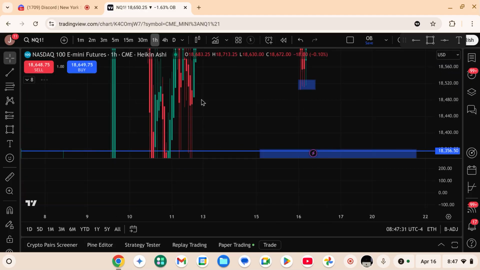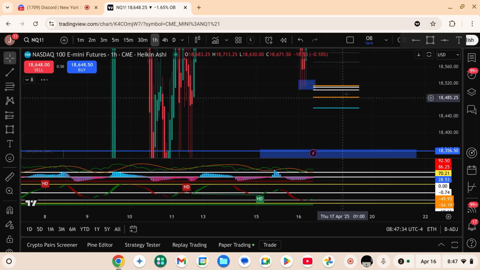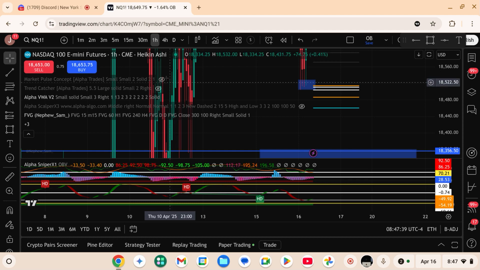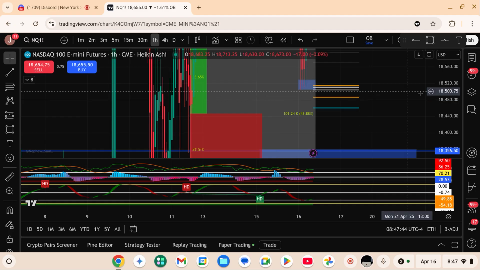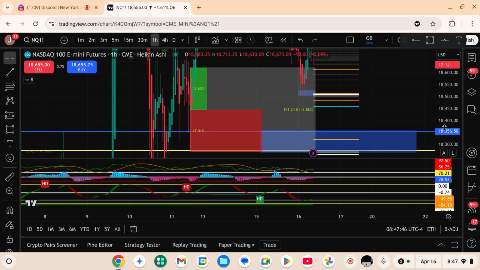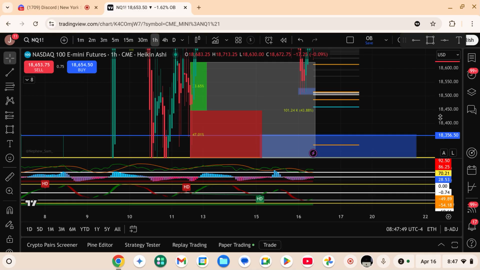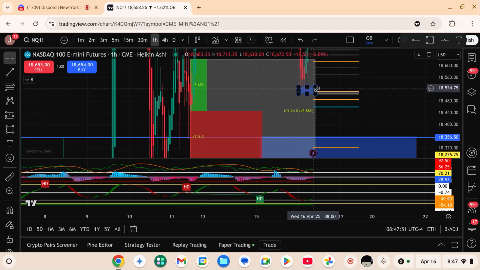Say the 1 hour. Yeah, we'll try to take longs from there. If it breaks through that though, then it'll be targeting, let's see, what's that?